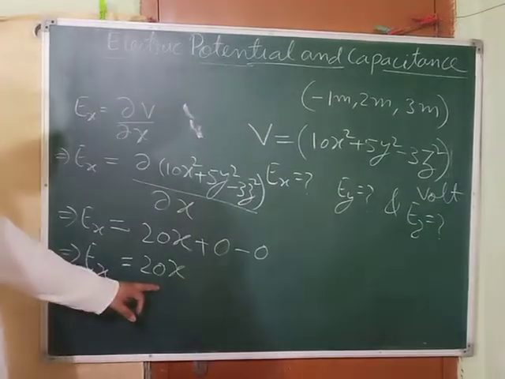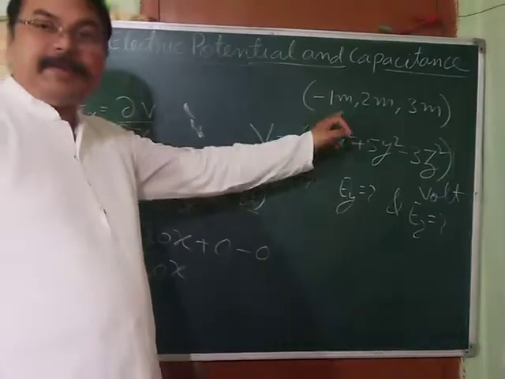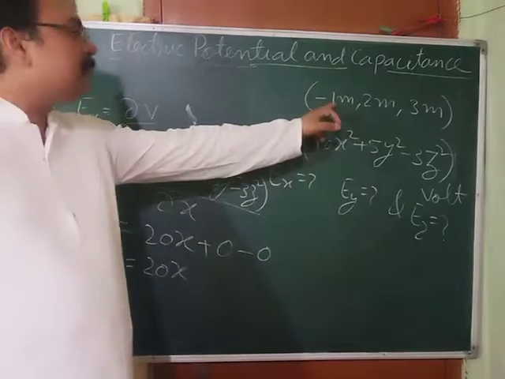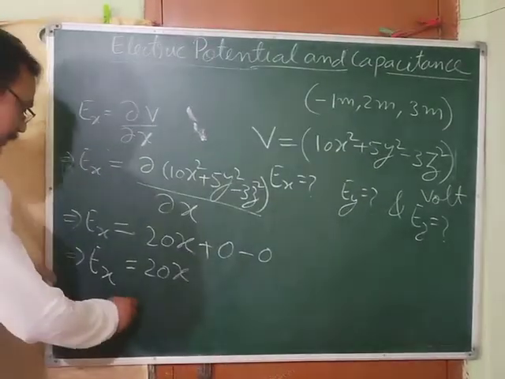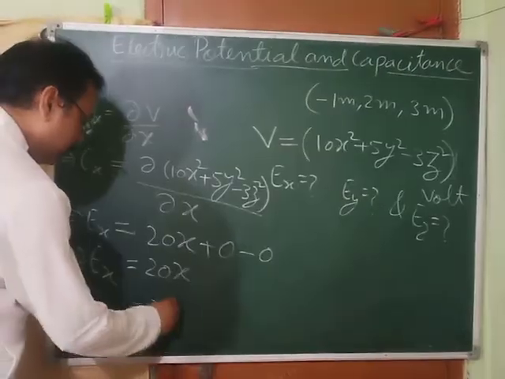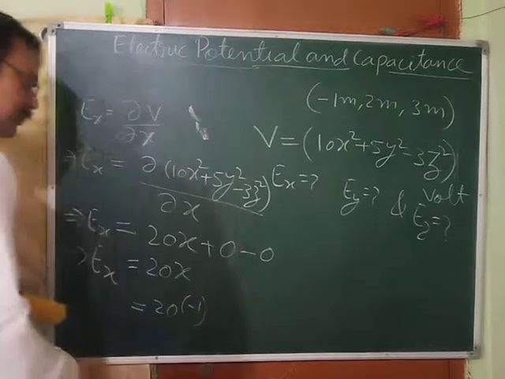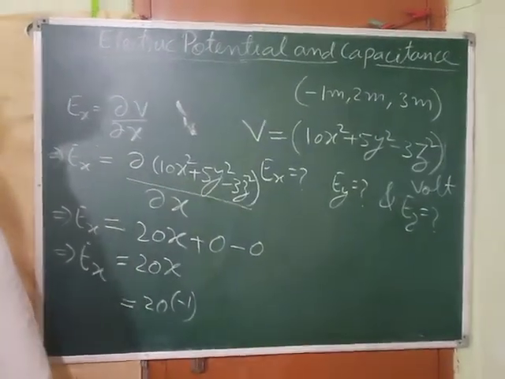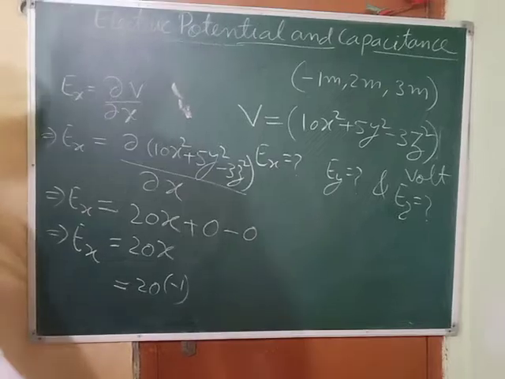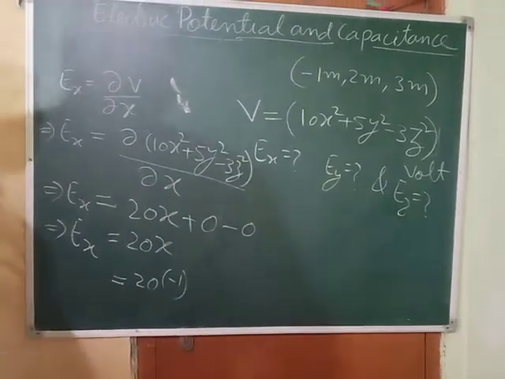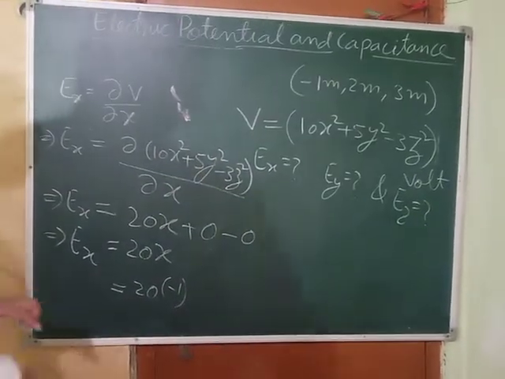Now where do we have to find this value? At this point. So what is the value of x over here? Minus 1 meter. So what you will get? 20 into minus 1 you can do. Minus 1 here. Okay. Now have we made some mistake over here?